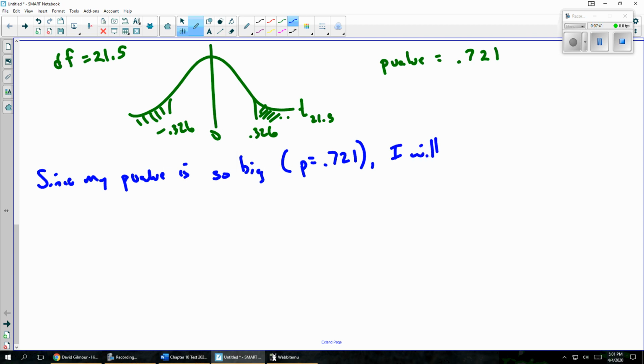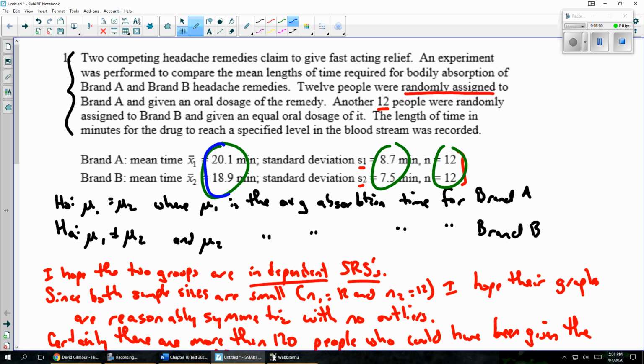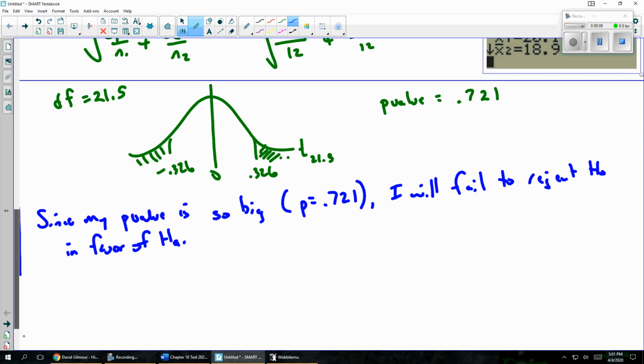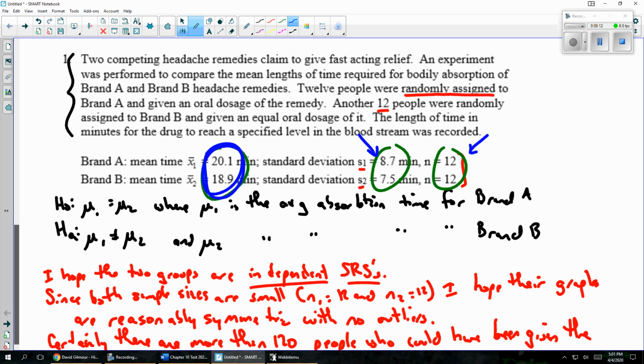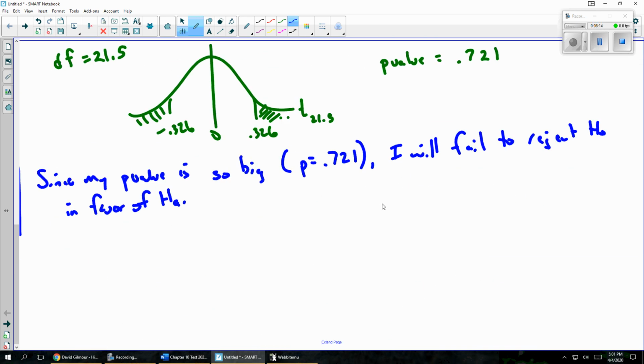I will fail to reject H0 in favor of HA. And so what that means is I don't find that this difference, with this standard deviation and this relatively small sample size, is statistically significant. So that's what I'm going to write on here at the bottom.